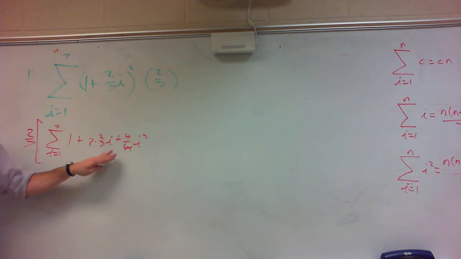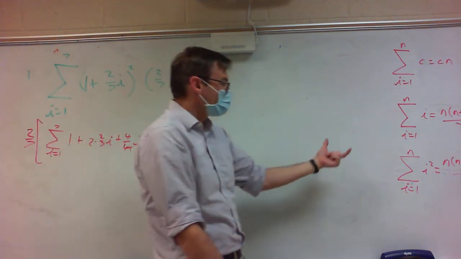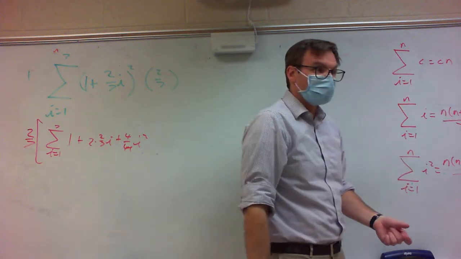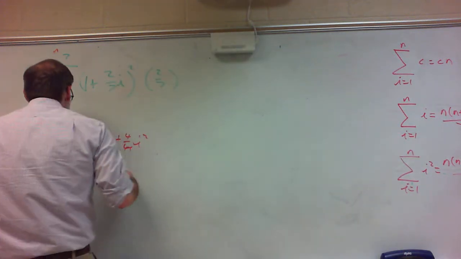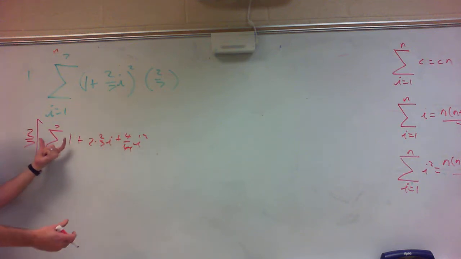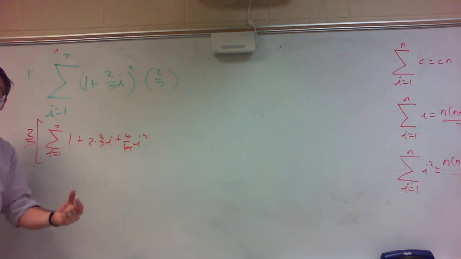And again, I still can't handle it because I don't see a summation of just i. I glossed over this yesterday, but if you're summing up a bunch of things, that's actually the sum of those individual pieces.